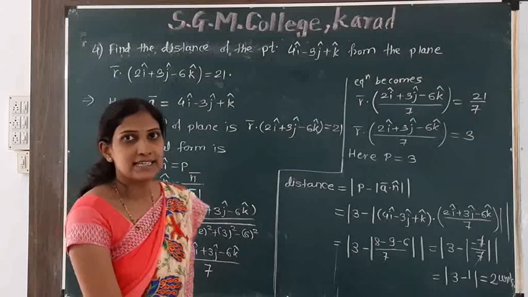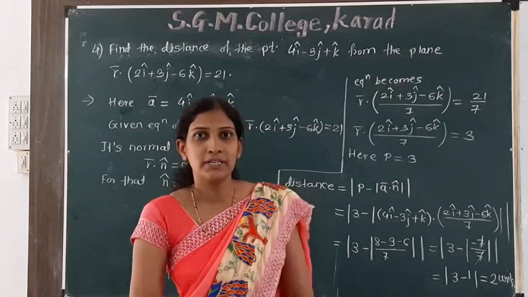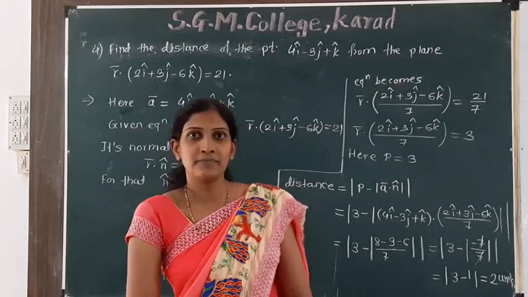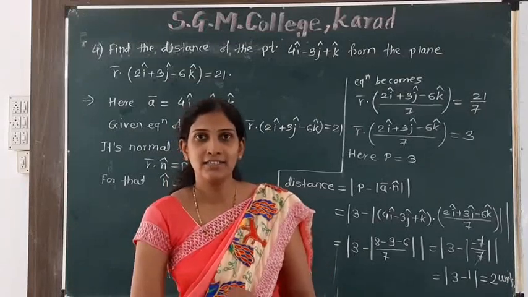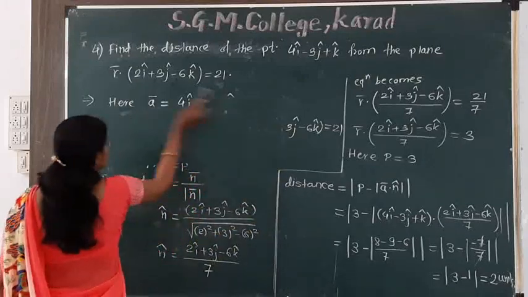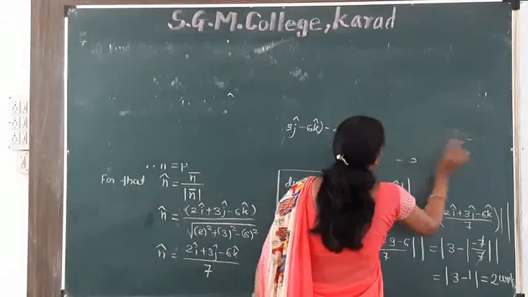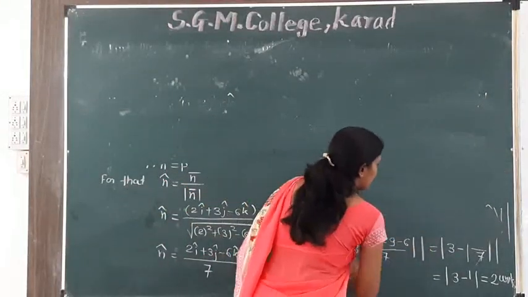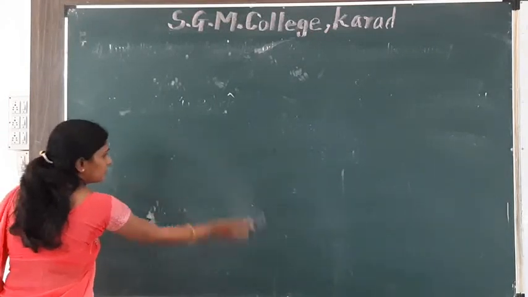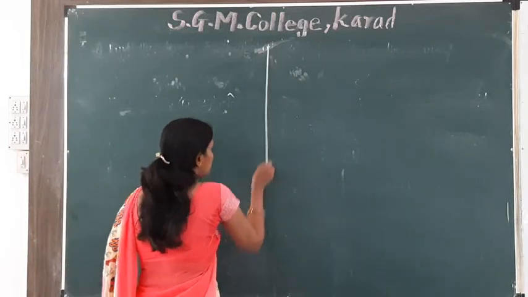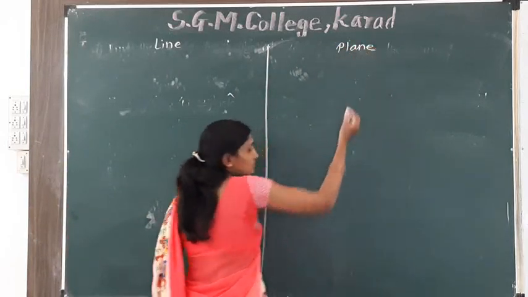This is our last example of this plane, and the chapter on line and plane is also over. From the starting we just reviewed the equations of the line and plane. We studied firstly the line and then the plane.